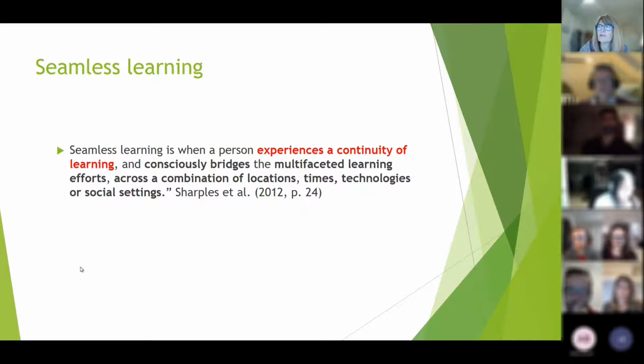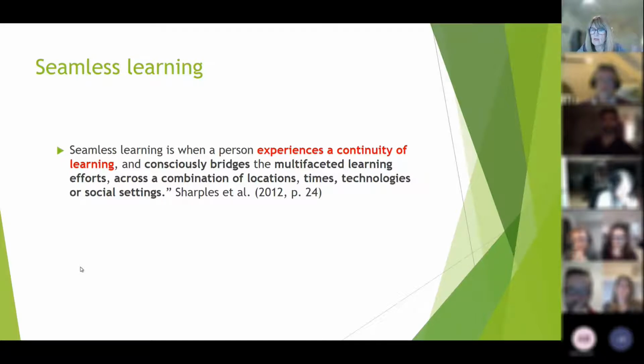But before I take it further to that specific design model, I want you to just think about what seamless learning is. So seamless learning is when a person experiences a continuity of learning. It's not only one event, and it consciously bridges the multifaceted learning efforts across a combination of locations.